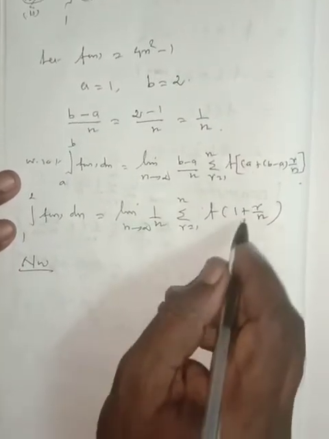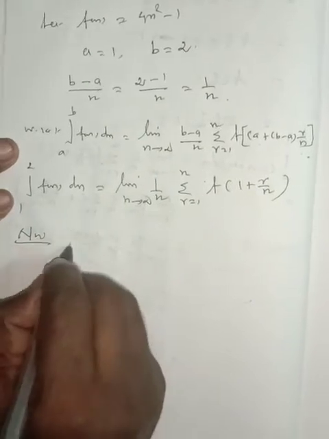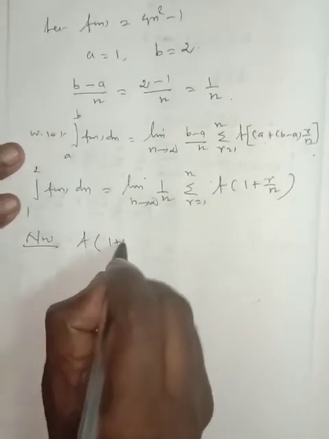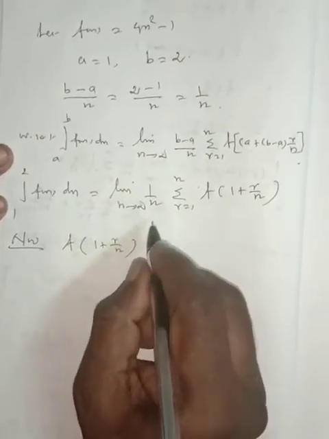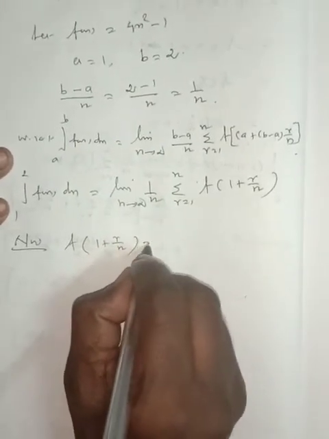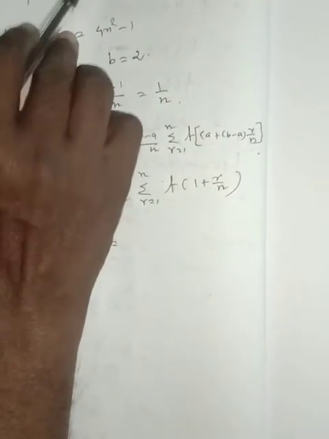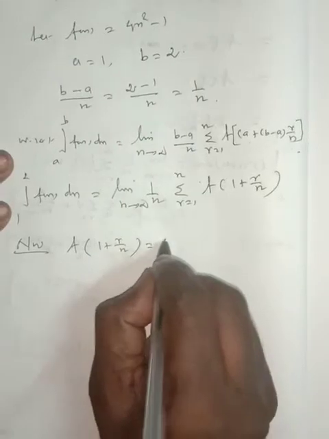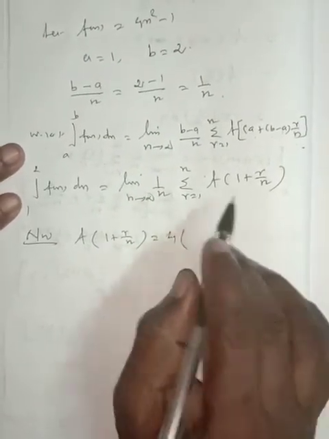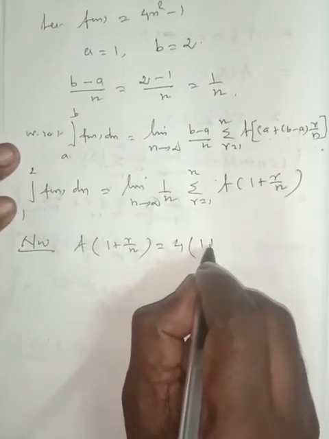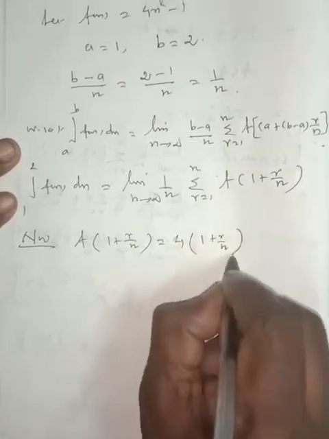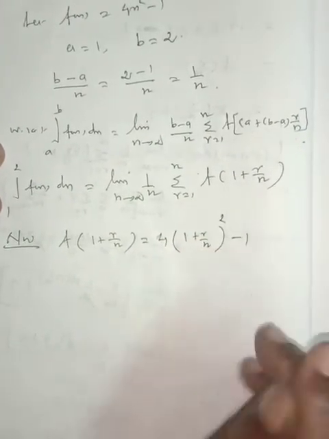First find f of 1 plus r by n. Given f of x equals 4x square minus 1, therefore f of 1 plus r by n equals 4 into (1 plus r by n) whole square minus 1.